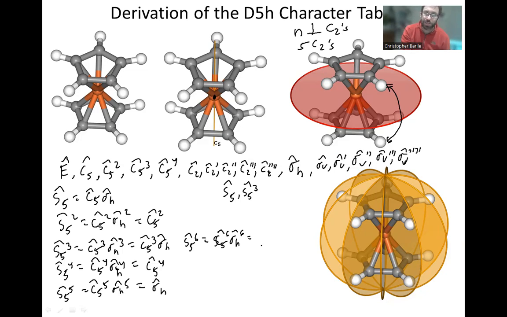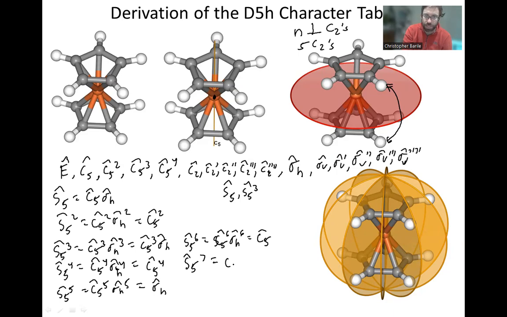Basically, 72 degrees more than 360 degrees, which is just equal to a 72 degree rotation, which is C5. We have sigma h six times, which was identity. So we already have C5. That's not a unique operation. That's up here.